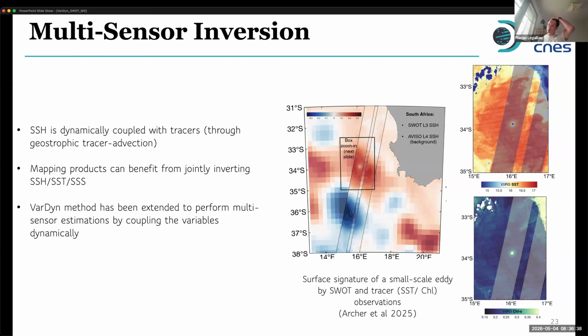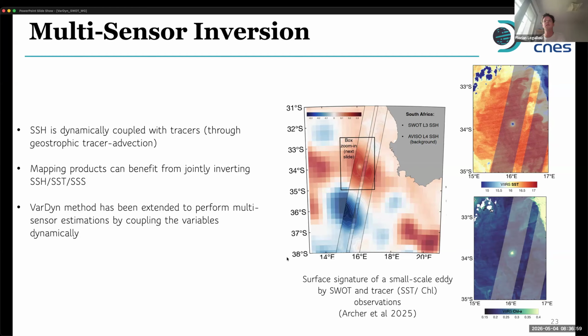And just to finish, I wanted to add something about multi-sensor data assimilation. This is the famous figure from the paper of Matasher, showing that the small scales observed by SWOT are also observed by tracer satellite observations.